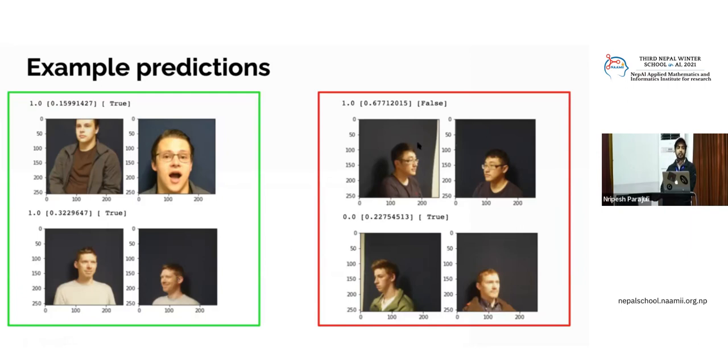But then there are some obvious, pretty bad failures too. This is the same guy, but the pose is different and the background changes a little bit. I noticed that it was really sensitive to the background, at least in the beginning, before the augmentation.